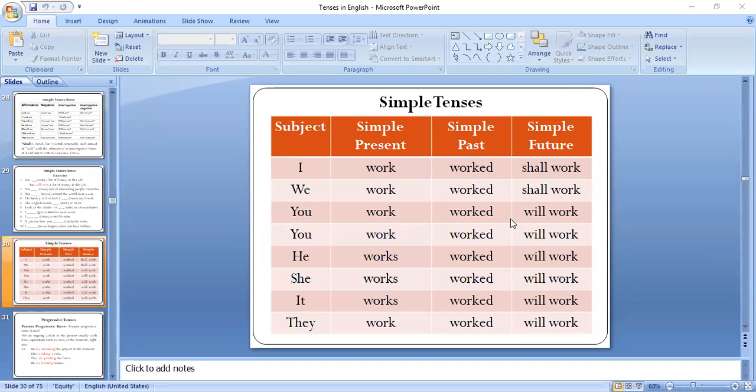You can write it in your notebook, and you can also stick it where you sit for the study. Okay, in front of your eyes, you can stick this chart there, so that you will read it from time to time. Okay.